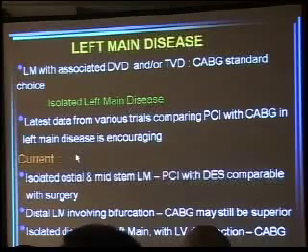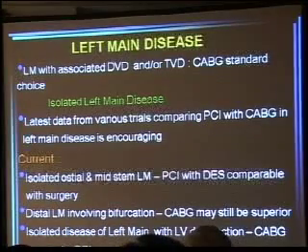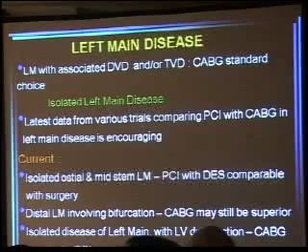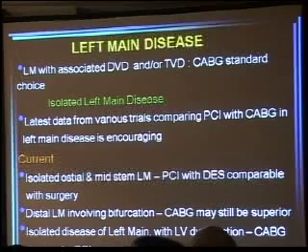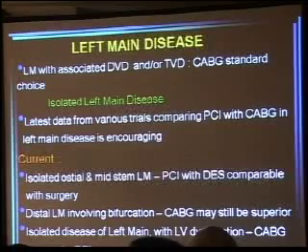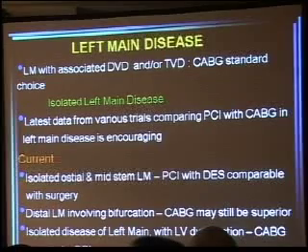What about left main disease? Left main with associated double vessel or triple vessel disease, of course, bypass is the standard choice. However, let's discuss certain issues of isolated left main disease. The latest data from the various clinical trials comparing PCI with bypass in left main disease is encouraging.